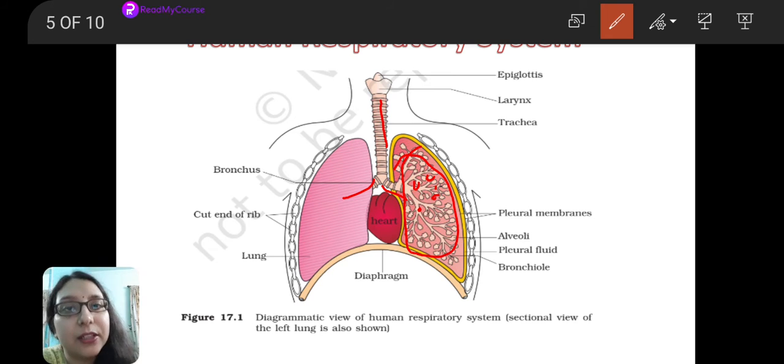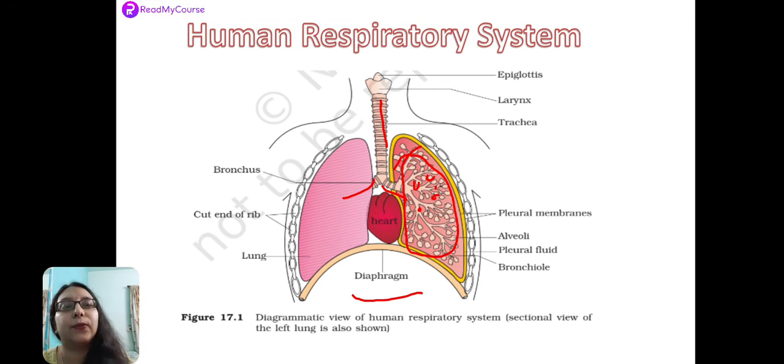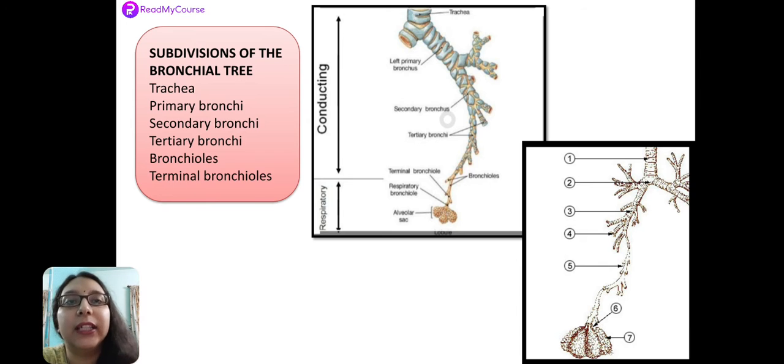So this whole system is the respiratory tree. We have already studied this. This dome-shaped muscular structure is the diaphragm. And this is the whole structure of the human respiratory system, starting from the nasal cavity and ending with the alveolar sacs present in the lungs. Okay, with that we move to the next slide.